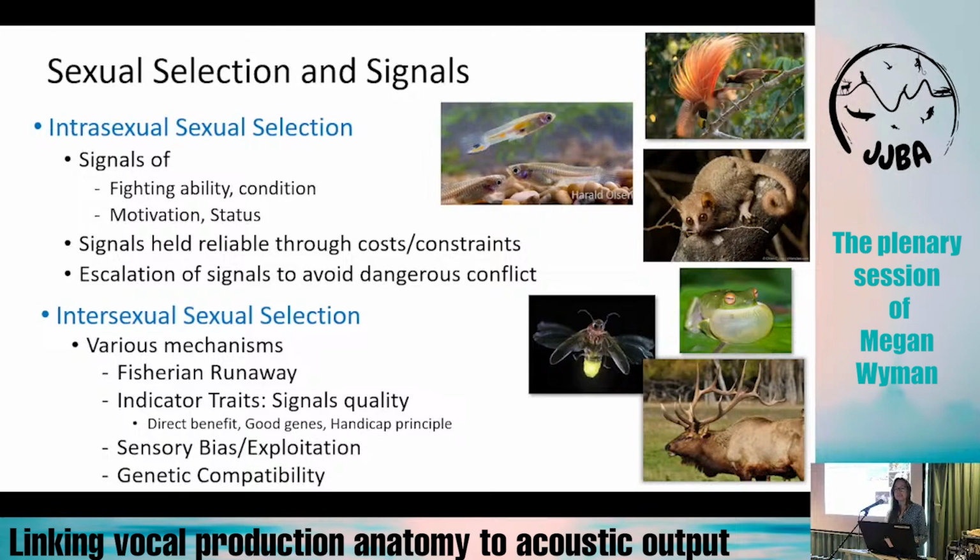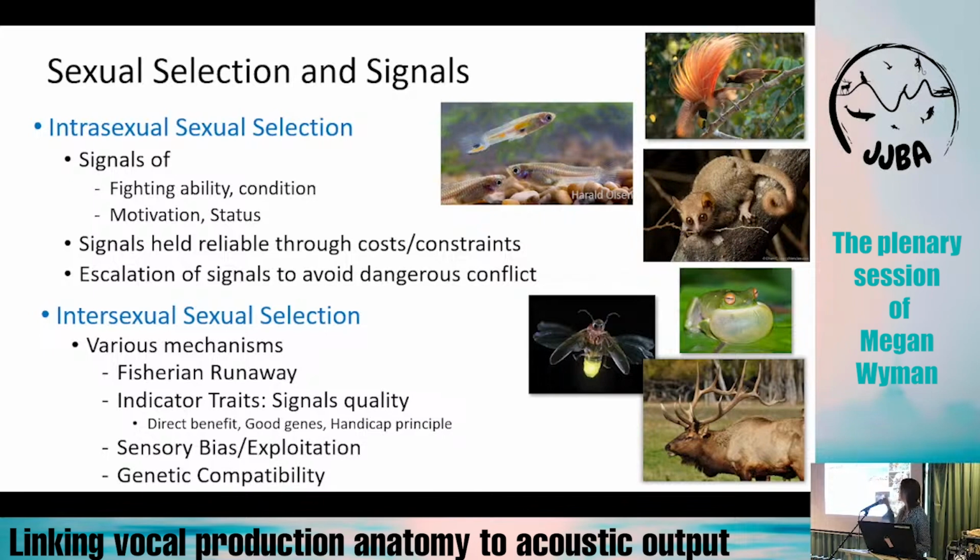Then going from the intersexual selection side, there are various mechanisms that can drive this. And I won't go into all of these, but for example, the Fisherian runaway selection or indicator traits, which are giving information on the quality. This can be direct benefits or indirect benefits through good genes or a handicap principle, or sensory exploitation or sensory bias.